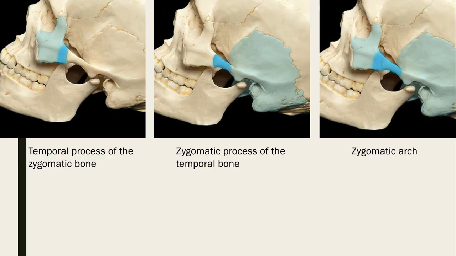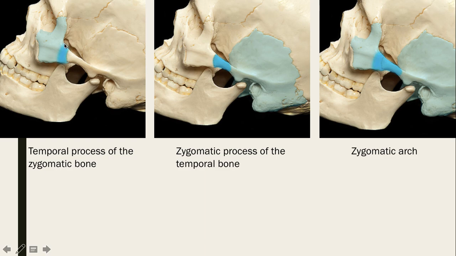And then I just wanted to add this last slide because I've gotten quite a few questions about this. This is one of the most missed questions on the skull quiz, and it's the difference between the temporal process, the zygomatic process, and the zygomatic arch, which can be very confusing, so I'll go over it real quick right now. We name it by saying the process of the bone it's attaching to, and then we say of the blank bone, of the bone that it's on, if that makes sense.